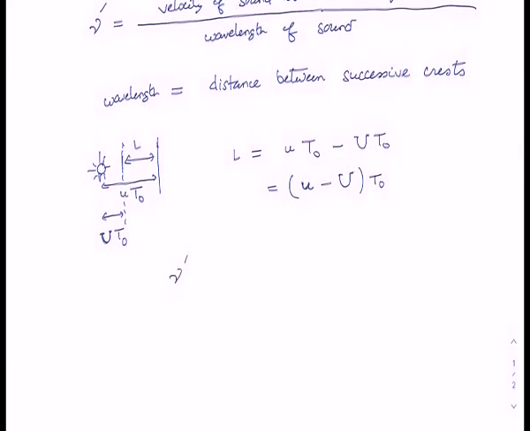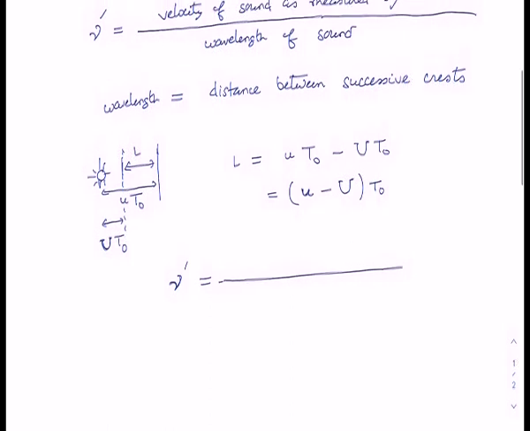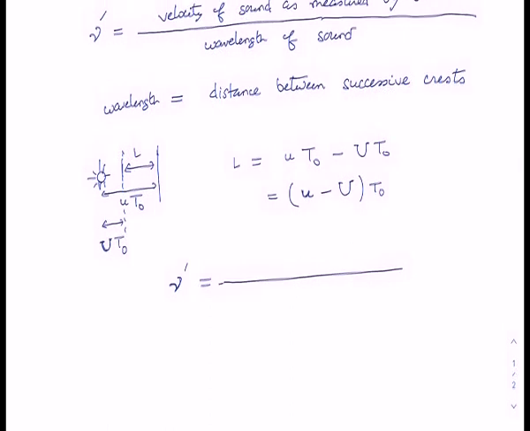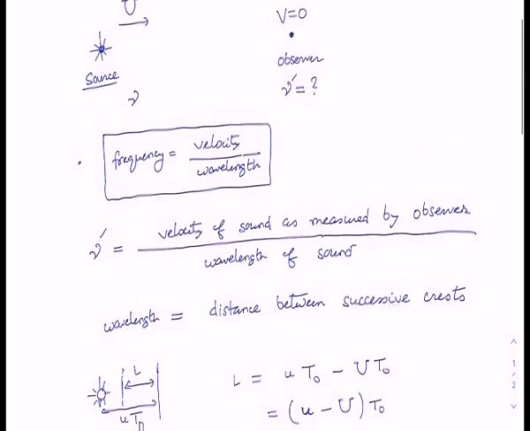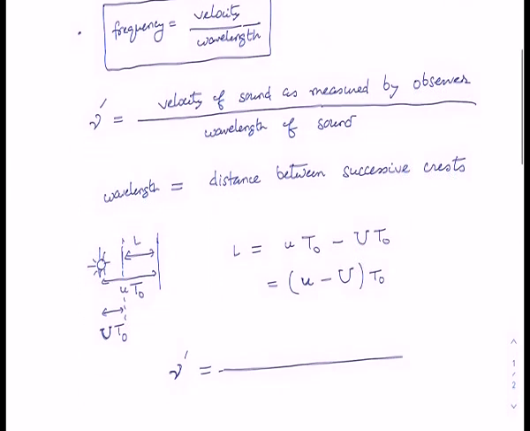So for the frequency as measured by the observer at rest, first of all, the velocity of sound as measured by the observer is obviously going to be the same as that of the sound with respect to air, the stationary medium, because the observer is stationary.